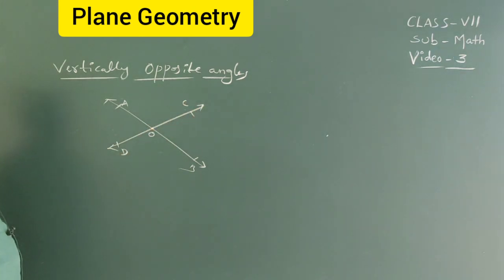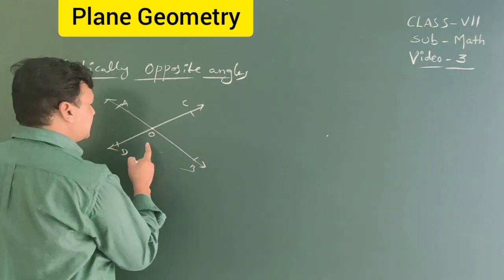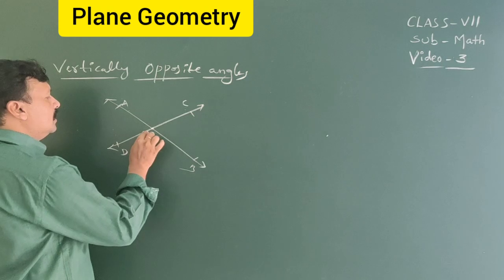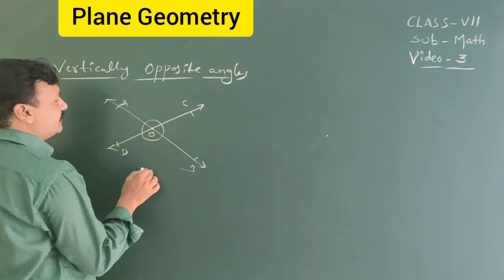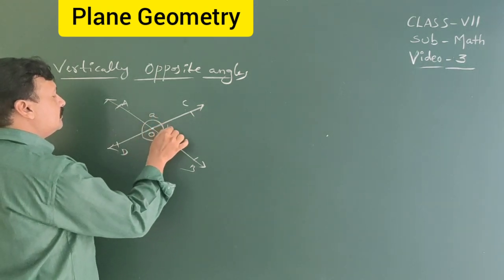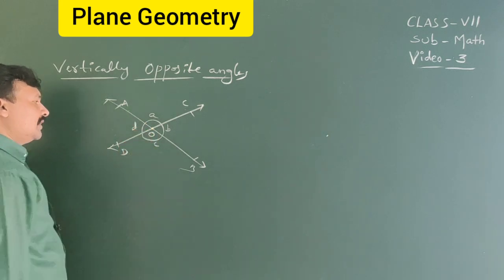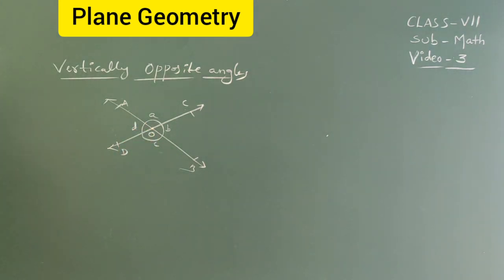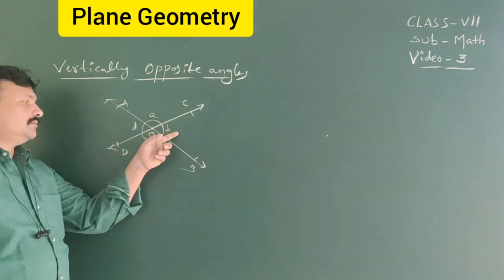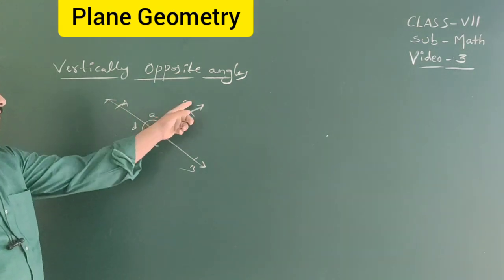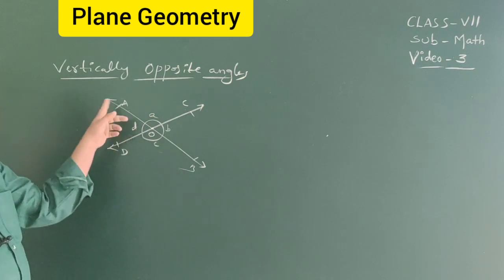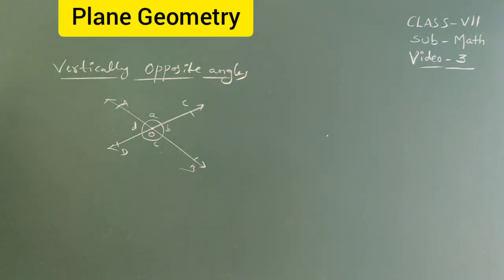They meet at the point O. When the two lines intersect each other at the point O, four angles are formed, namely angle A, B, C, D, otherwise AOC, BOC, BOD and AOD. Four angles are formed.